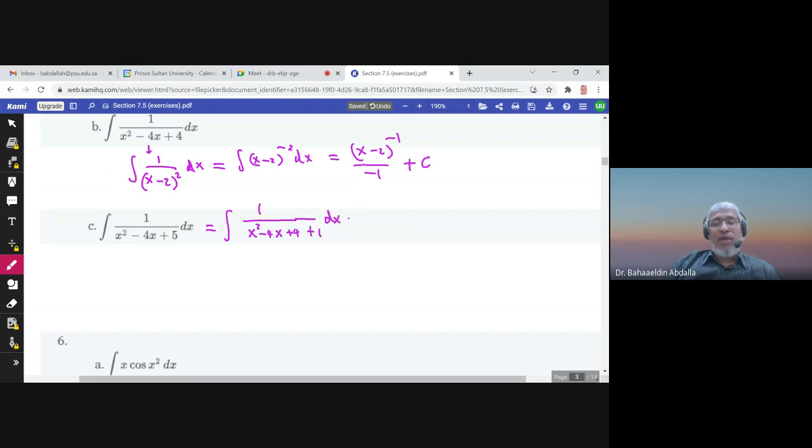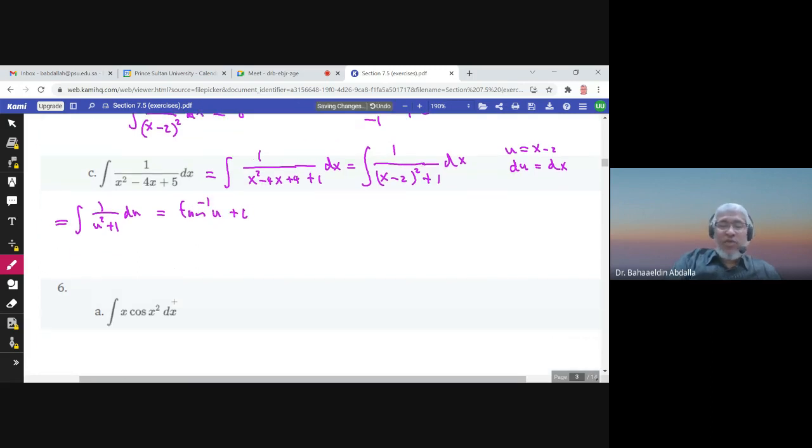And we have seen in part B that x squared minus 4x plus 4 is just (x minus 2) to the power 2, a perfect square, and then plus 1. Now if I take u as x minus 2, du would be equal to dx, and I can write this integral as 1 over u squared plus 1 du, and this is tan inverse u plus c, or tan inverse (x minus 2) plus c.